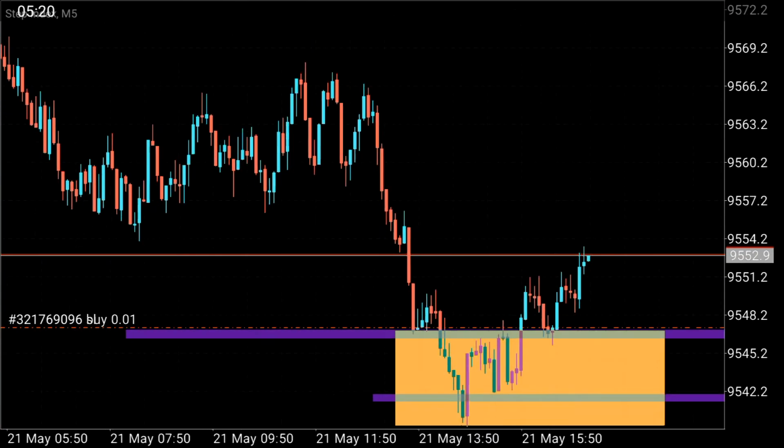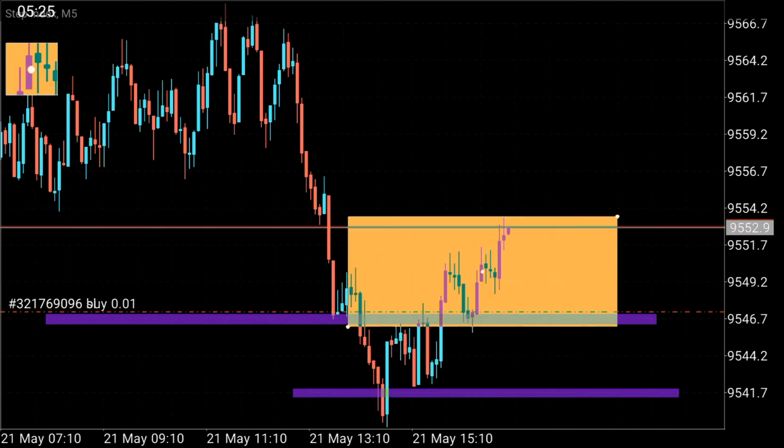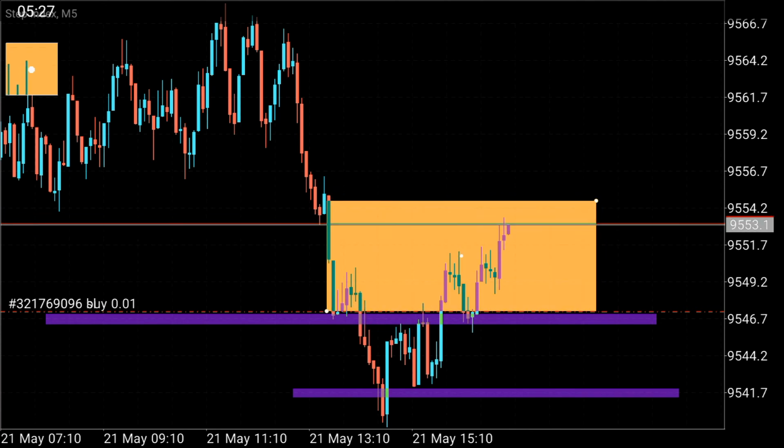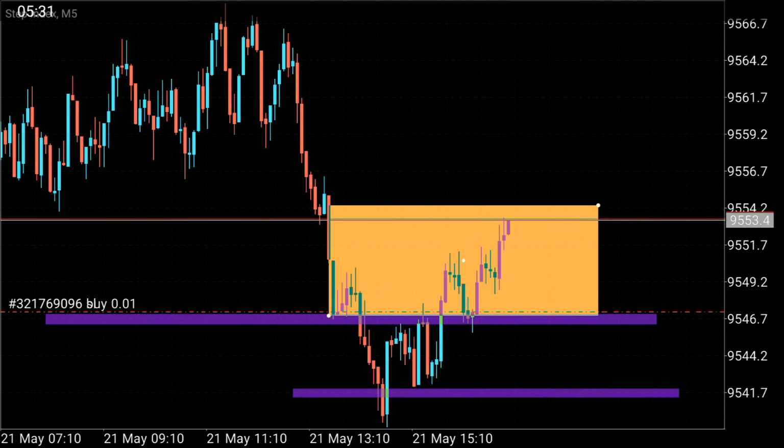So that means you are going to close your trade from there up to there. So you wait up to where the orange one ends. That's where your take profit must be placed.